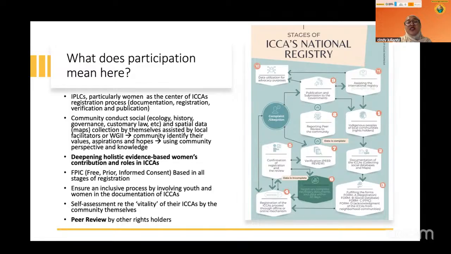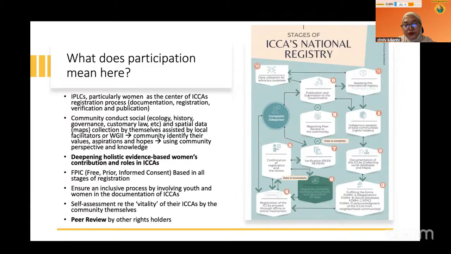So from our experience, by having this documentation process, the communities themselves can rethink and refind their own identities, because there are so many traditional knowledge, or women-based traditional knowledge, that have disappeared due to so many threats.